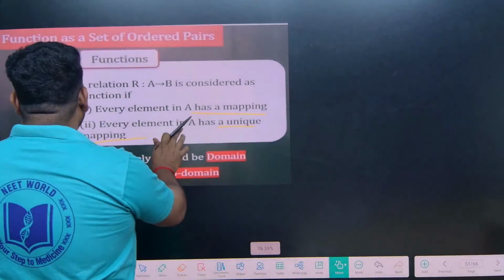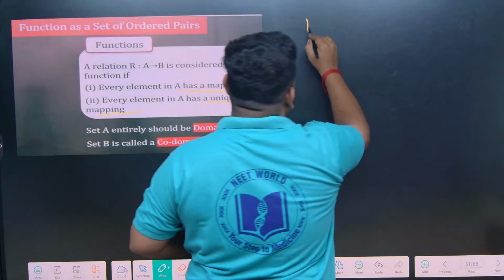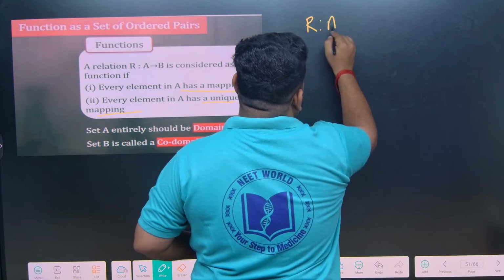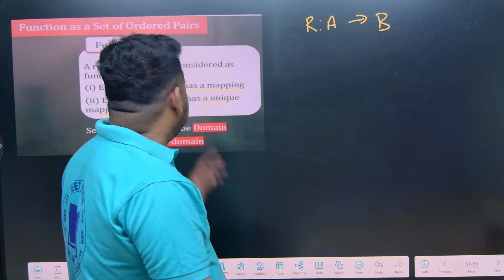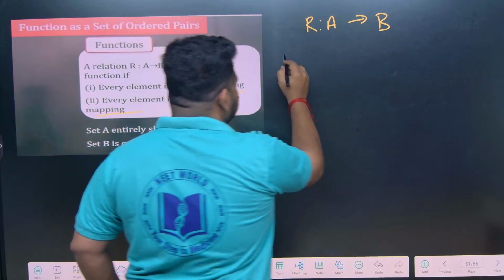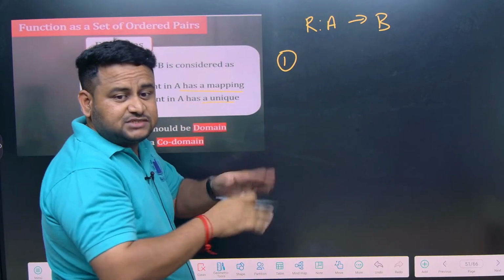Let me put it in simple terms. They are telling there is a relation from A to B. Every element in A has a mapping. That means, in simple terms, these are the two conditions that should be satisfied to be a function.